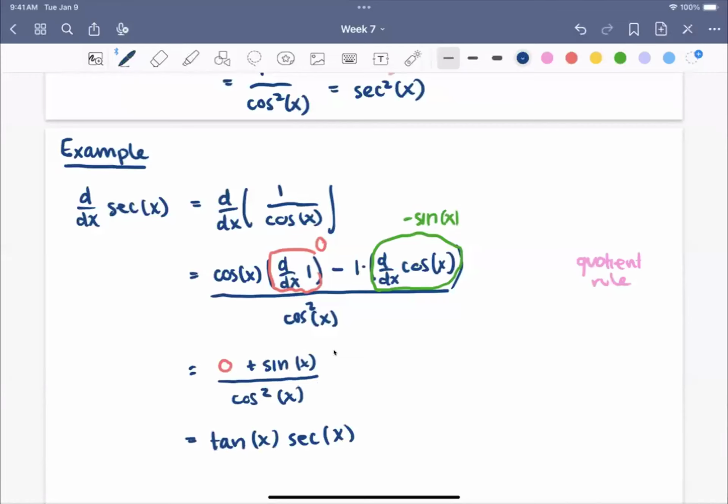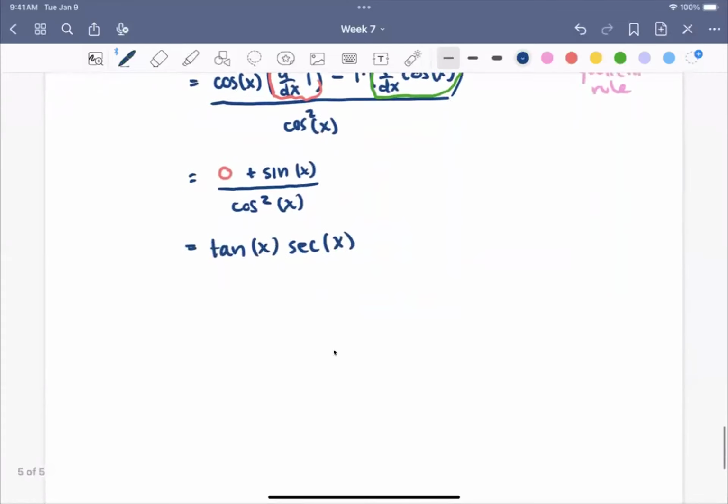Okay, so let's write down all the formulas for these trigonometric functions.